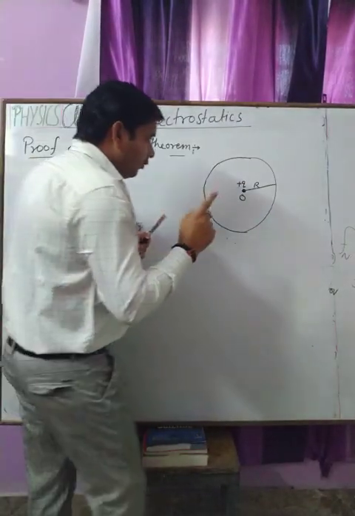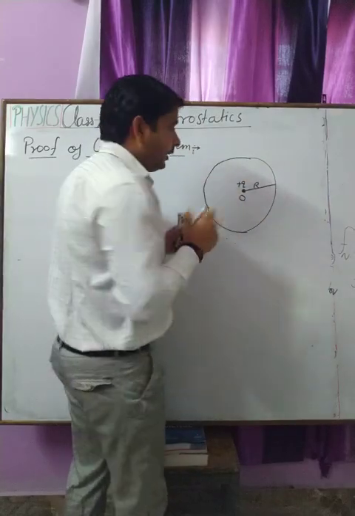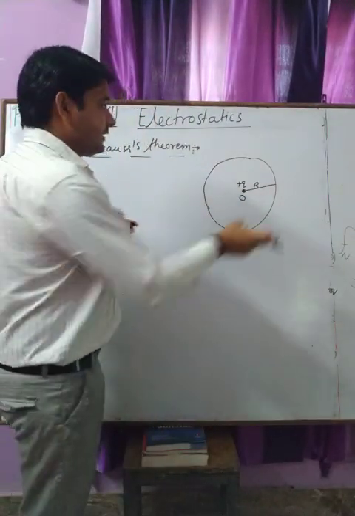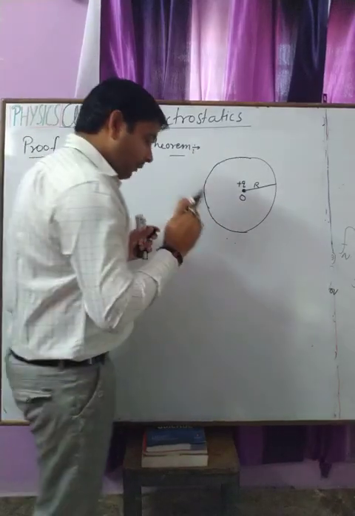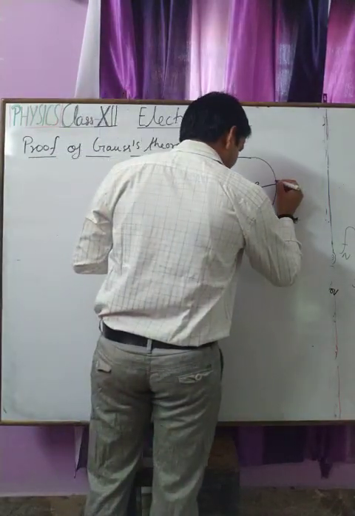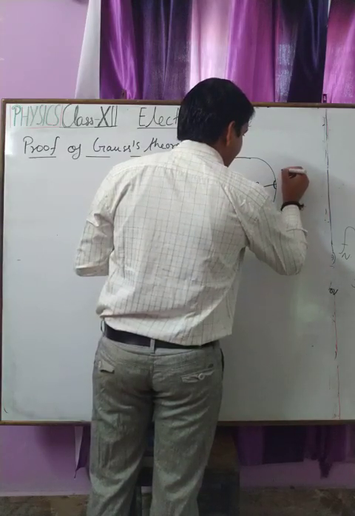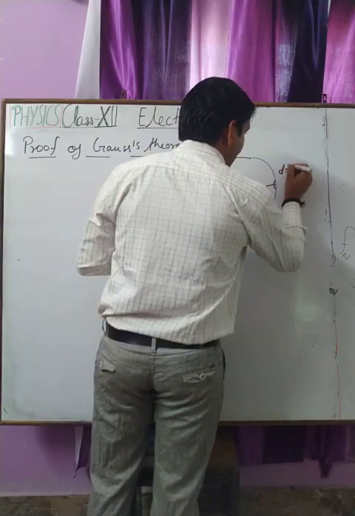Now we take a small area element, and we think of this surface as made up of many small area elements. This area element we consider as dS.